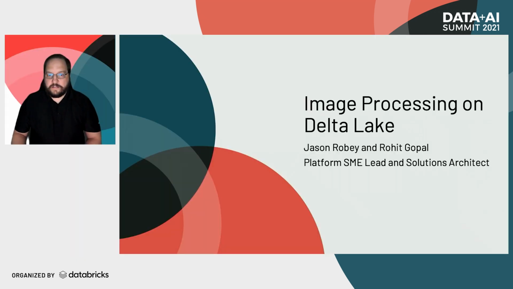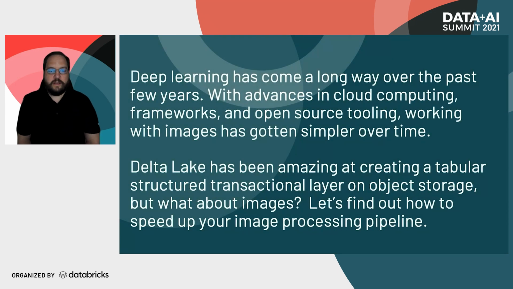All right, so to kick things off, just going over a couple things. As we know, and we've seen, deep learning has come a long way over the past few years, and working with different types of data, and images specifically, which is the subject of this talk, has improved.